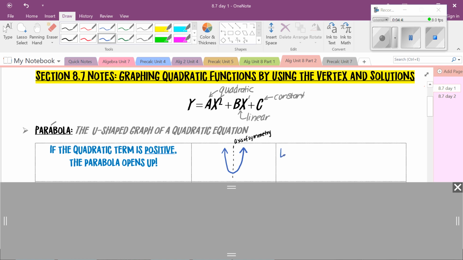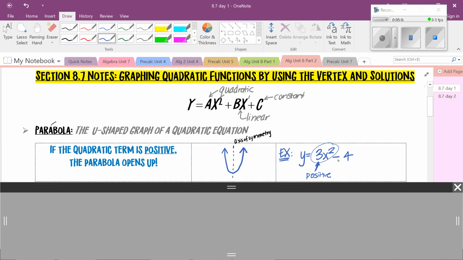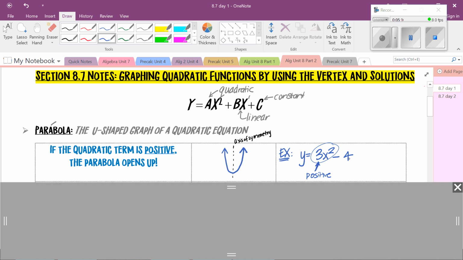Okay, here's an example of a quadratic that opens up. The quadratic term is positive. The other terms don't affect whether it opens up or down, just the quadratic. Now, notice that this quadratic equation doesn't have all three terms a, b, and c.